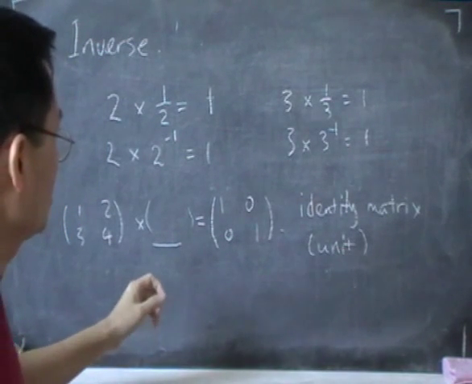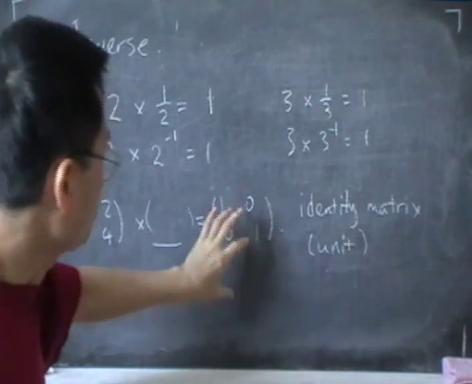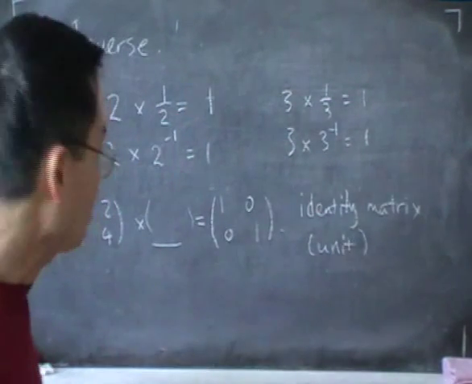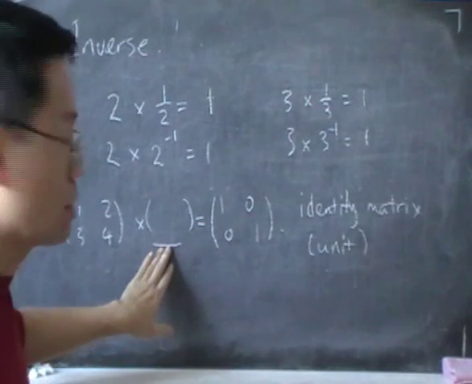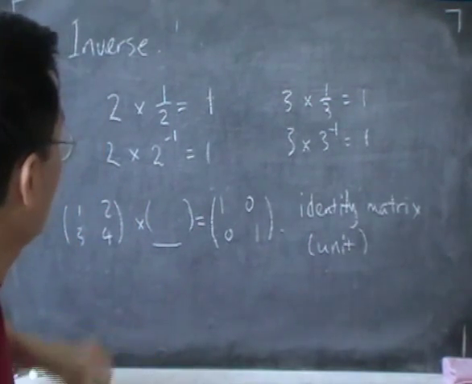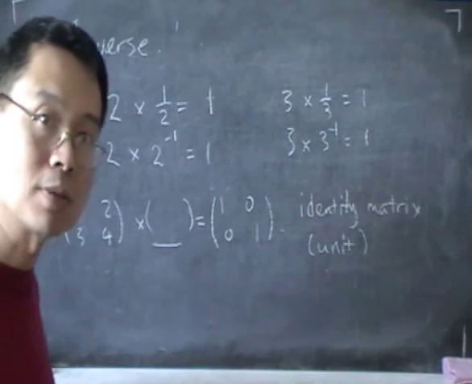So they like to think of this identity matrix as corresponding to the 1 in numbers, and this matrix that you can find as an inverse of the first matrix.